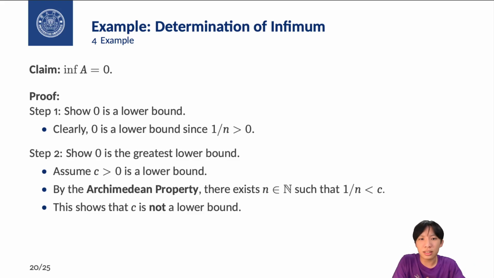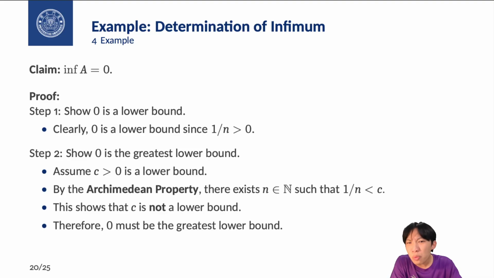This contradicts the assumption that c is a lower bound. Therefore, no number greater than 0 can be a lower bound. So, 0 must be the greatest lower bound. Notice that 0 is not in the set, so we also can find the infimum first and then apply the theorem to conclude the minimum does not exist.